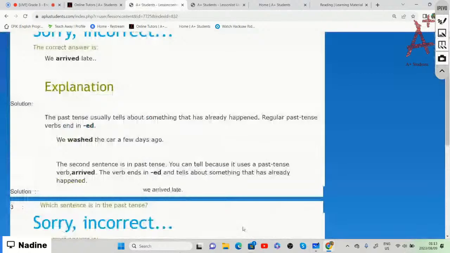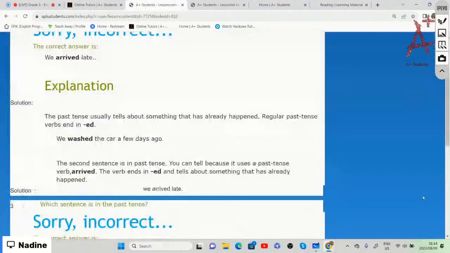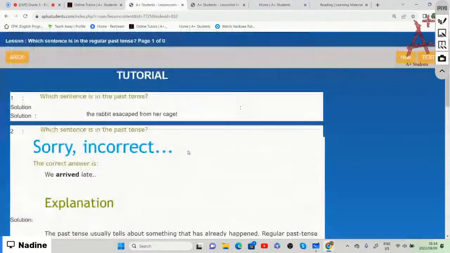So we basically just need to select the past tense verb within a sentence. And we say that the word ends in ed, right? All right. If we look at our first sentence, it asks which sentence is in the past tense.